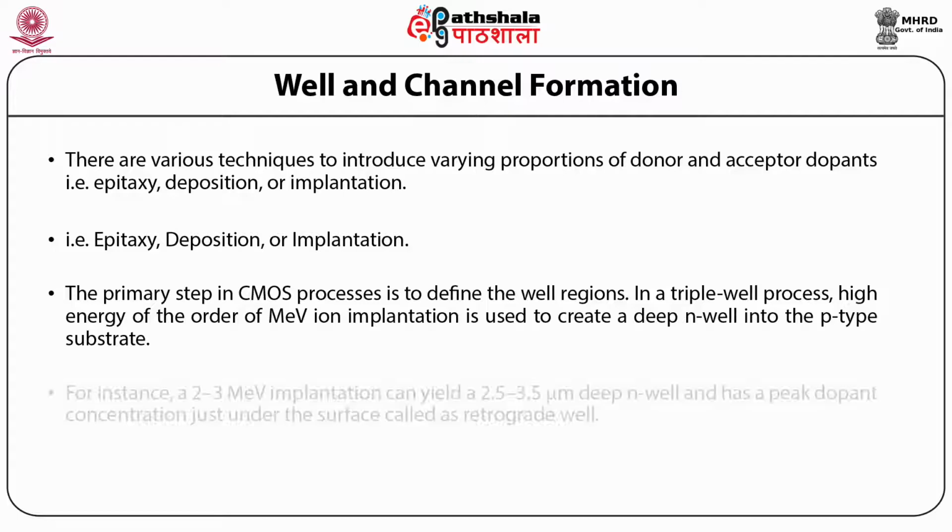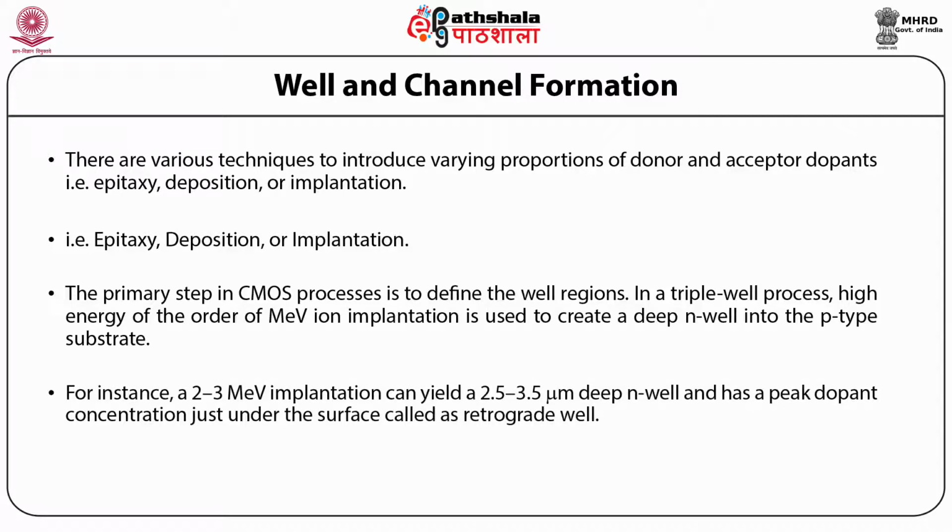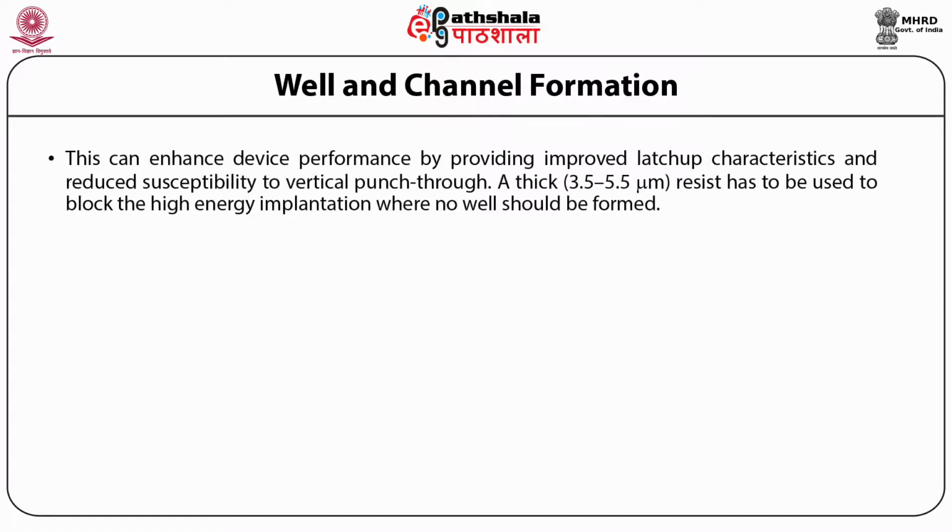Let us take an example: 2 to 3 mega electron volt implantation can yield a 2.5 to 3.5 micron deep n well and has a peak dopant concentration just under the surface, called a retrograde well. This can enhance device performance by providing improved latch-up characteristics and reduced susceptibility to vertical punch-through.